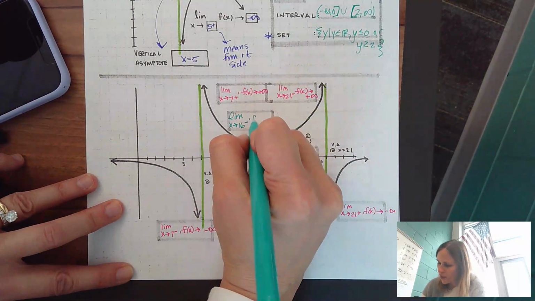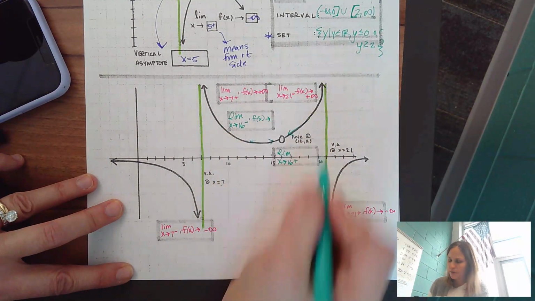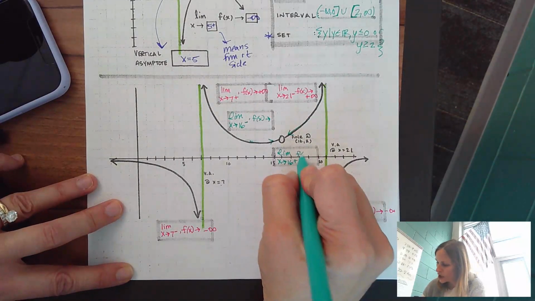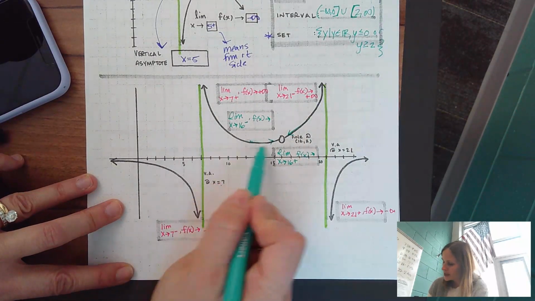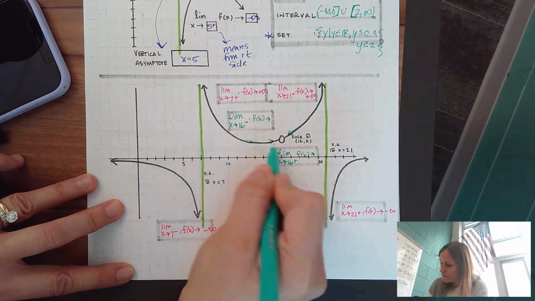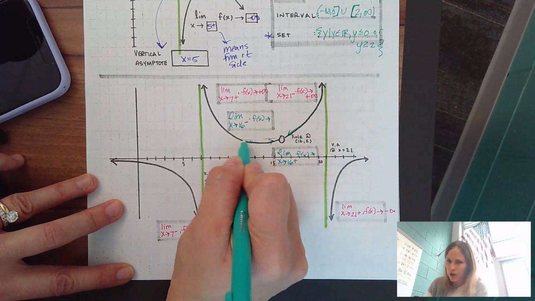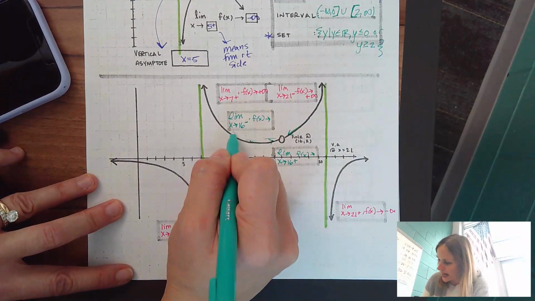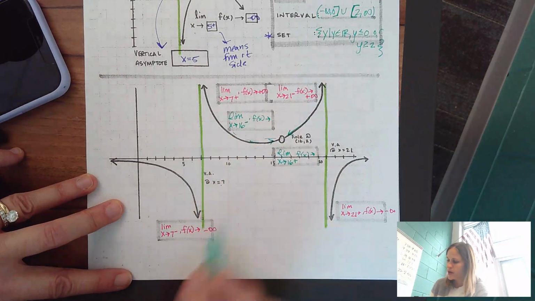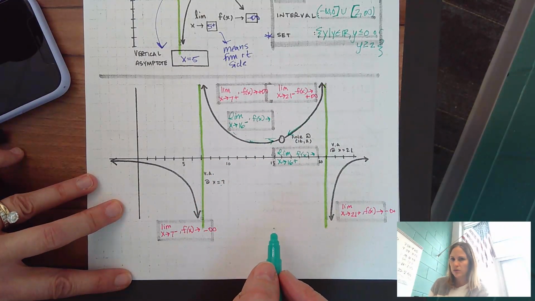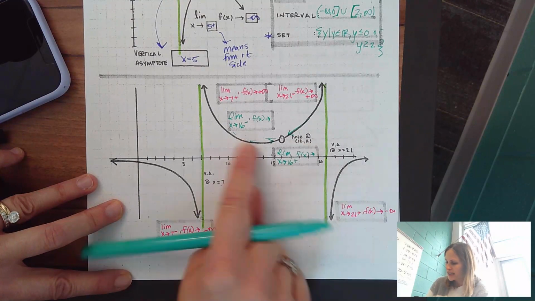Your function isn't going to approach infinity or negative infinity. It's going to approach a number. So from the left side, what I'm asking you is, you're looking at the y value here. As x gets closer and closer to 16, what number is y getting closer to? Well, the hole occurs at 16, 2.